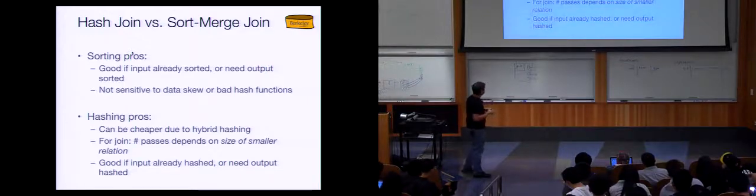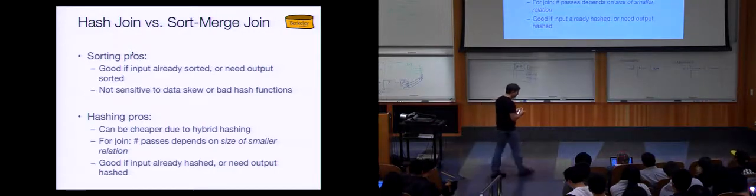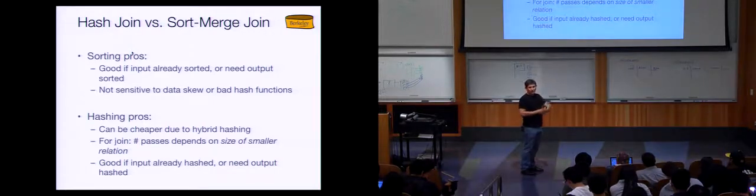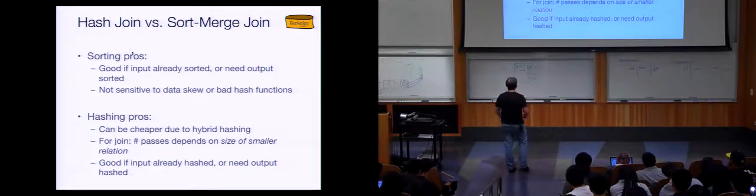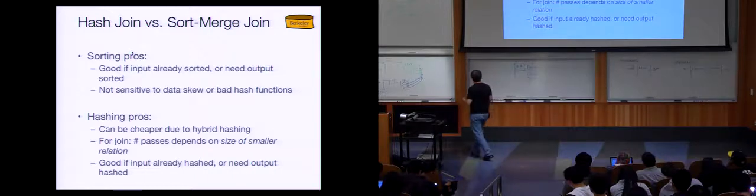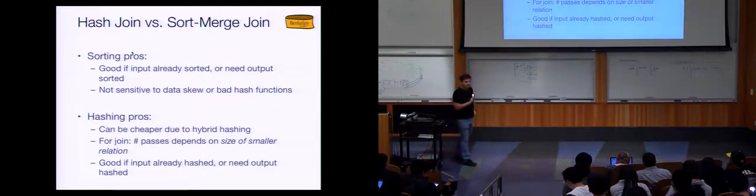With hashing, the number of passes depends on the size only of the smaller table, right? That was this whole point I was just making. So the smaller table is the one that you have to bring back into memory. The bigger table, the partitions can be huge, and you won't recursively partition them. All right, so for joins with one very big table and one not-so-big table, hashing is a big win. And the hybrid hashing thing can make it even a little bit better.